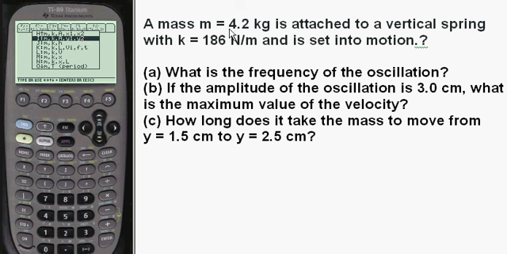They are wrong in my estimation. They should be using all y's if you're talking about a vertical spring, vertical axis. So we choose that, and it loads. It says it's loading down here.